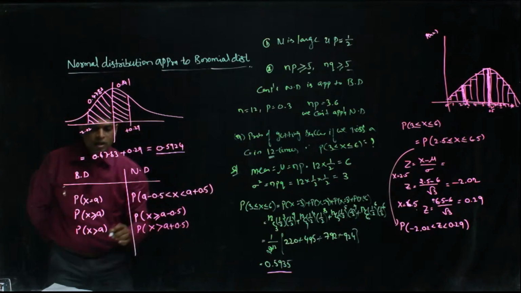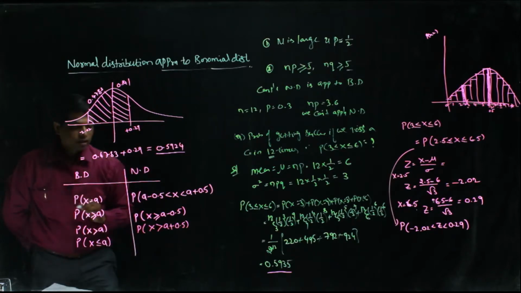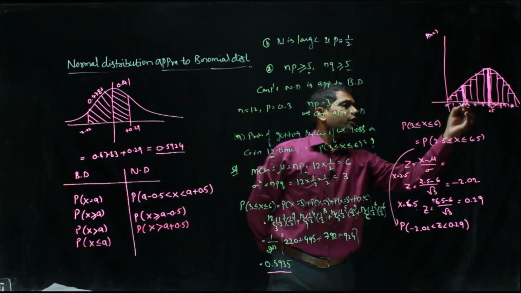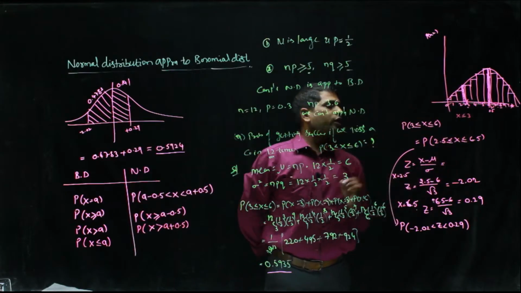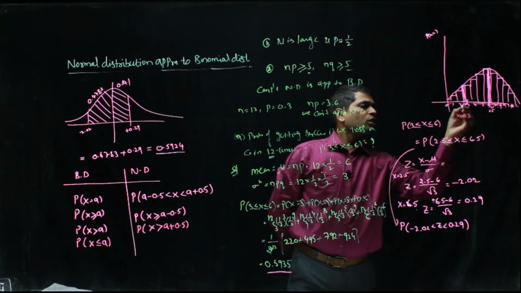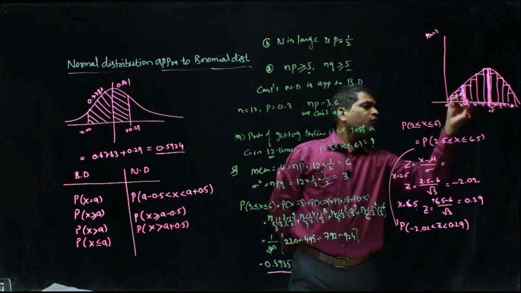Similarly, if you want to find the probability of x less than or equal to a, suppose you take 3, I want to find the probability for x less than or equal to 3. X less than or equal to 3 means I am including the value of 3. So that means we are getting the area of the remaining part also.